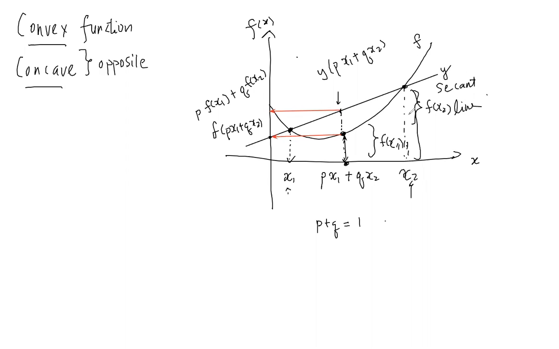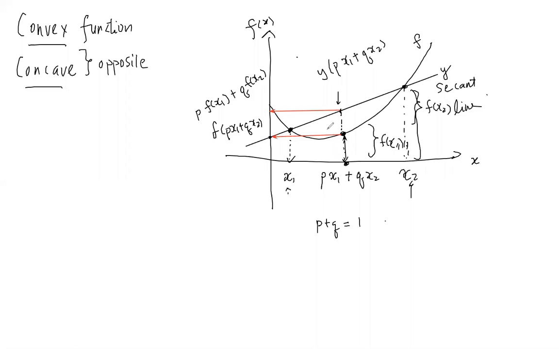And then after you have the secant line, if you plug in this value here, px1 plus qx2, you will get this result, right? I will skip those details, which you can follow later in the notes. Basically, it's nothing much. You have a linear equation here, you substitute px1 plus qx2, you will get this particular value, and this is the value evaluated at the curve f.